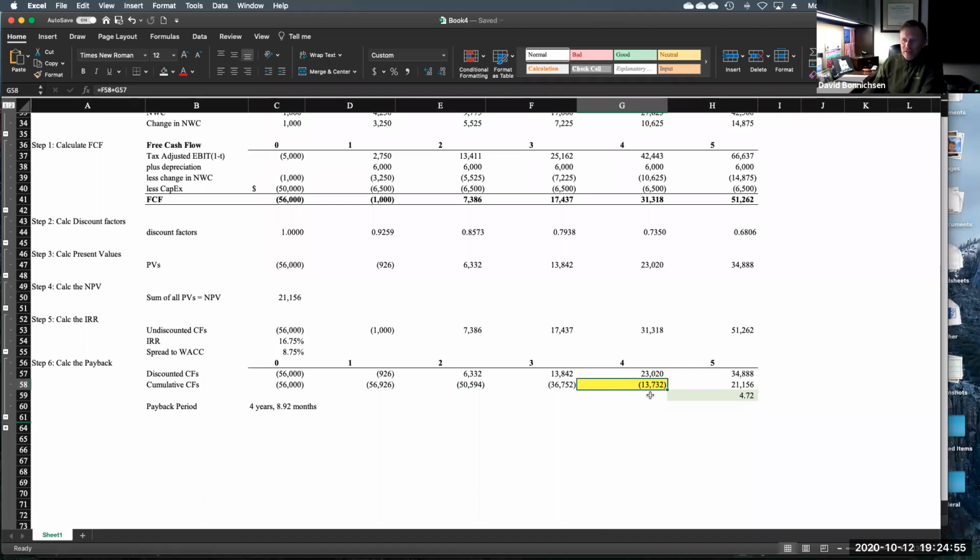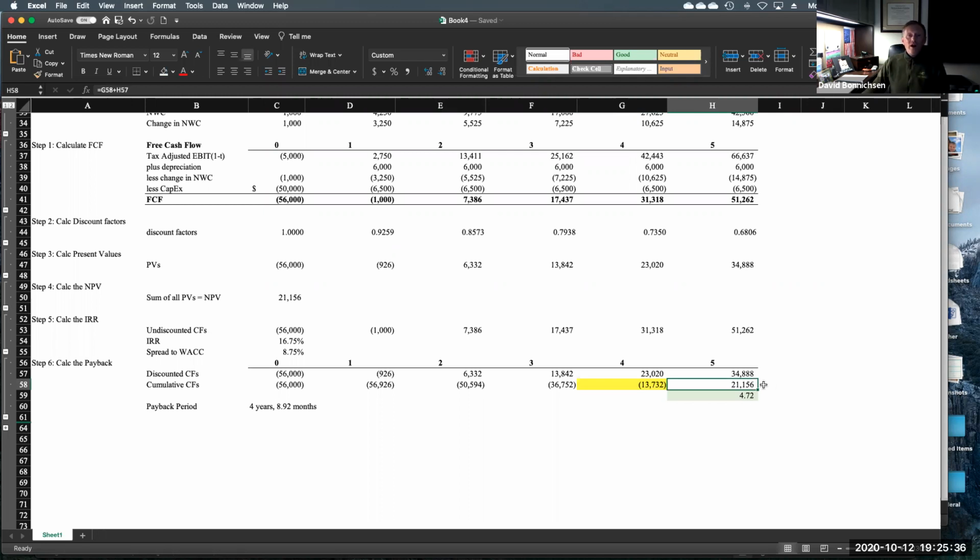We still had $13,732 of our initial investment that was remaining that we needed to pay off. But at the end of year 5, we had actually paid it off, and now we've got $21,156 that we're in the black on, right? So we know that we paid off that whole loan. We repaid ourselves somewhere in year 5, okay? Because we still had a balance at the end of year 4, it's negative, and we know we paid it off because now we've paid that down, and now we have positive territory on the cumulative cash flow.